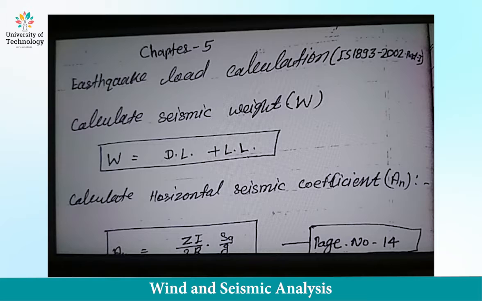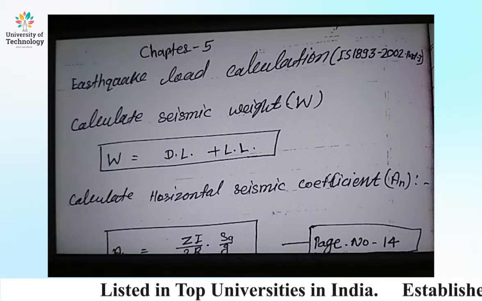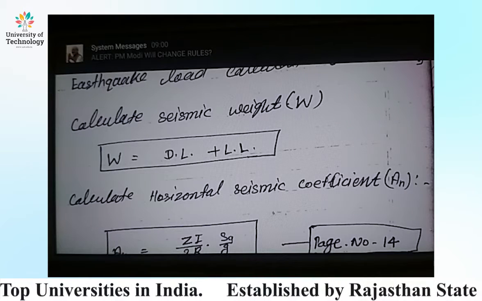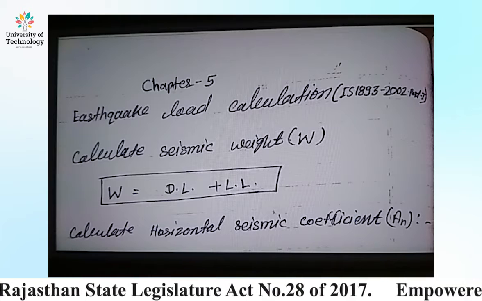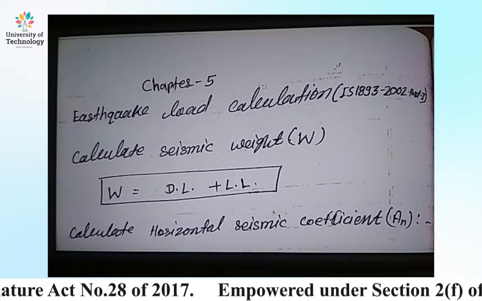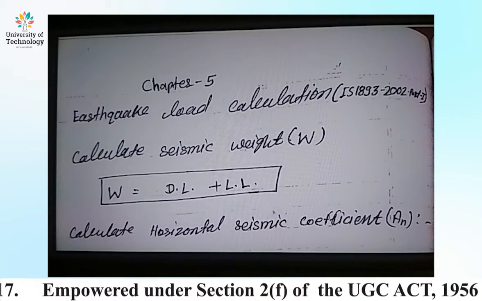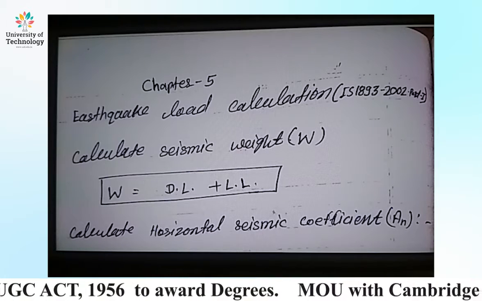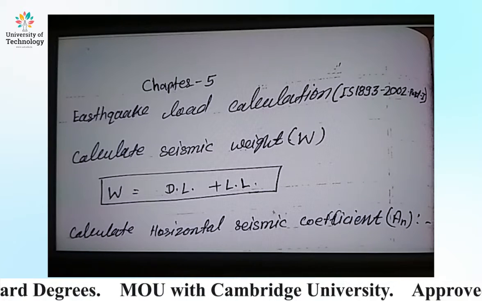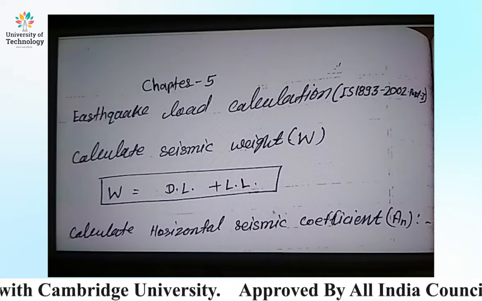I would like to teach you today about the subject Wind and Seismic Analysis of BTech 6th semester. In this subject, we are going to discuss today the important topic of earthquake load calculation, which lies under chapter 5.